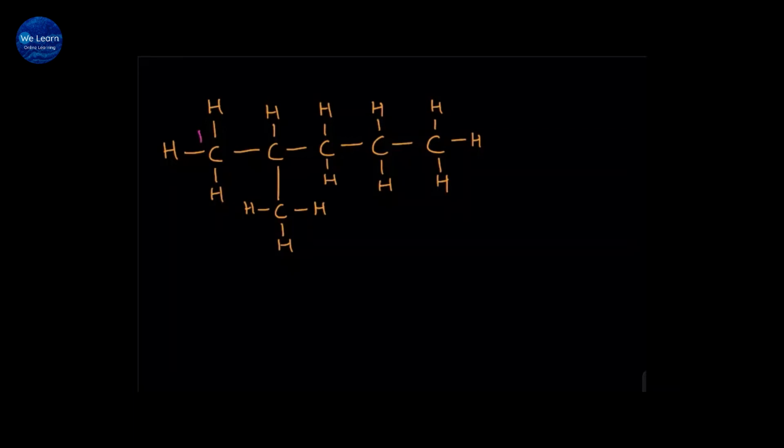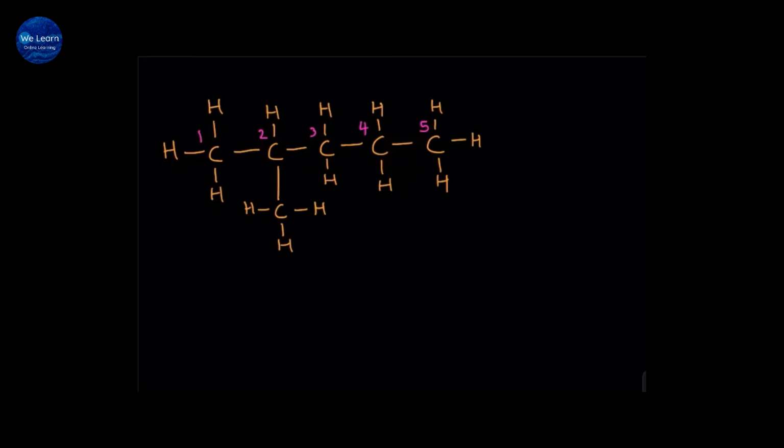It will be 1, 2, 3, 4, 5. But wait, I could number it from the right too. Let's see what number I get on that branch. I'm going to use a different color. 1, 2, 3, 4, 5. Since I'm getting a number of 2 when I number it from the left-hand side, I'm going to go ahead with 2 because that's a lower number.